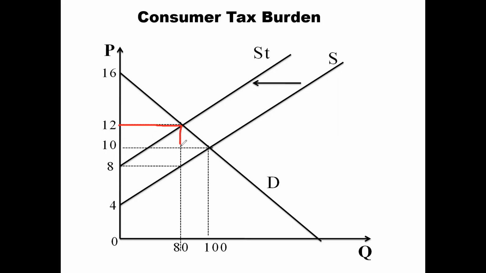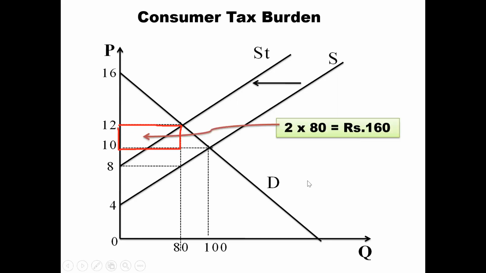Highlight this area and show the value with an arrow: 2 into 80, rupees 160. The consumer pays 2 rupees for 1 unit and has to pay the tax for 80 units. So the total tax paid by the consumer is rupees 160. Each diagram is separate. Consumer tax burden, first one.